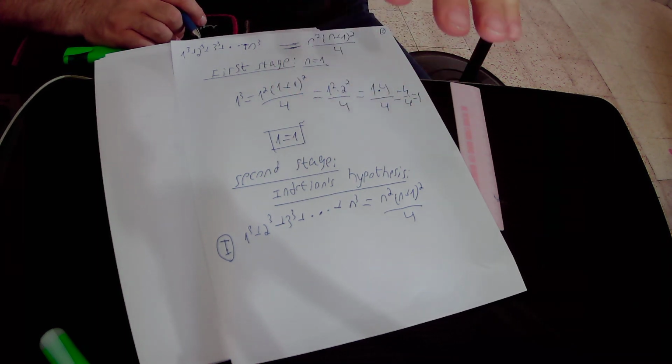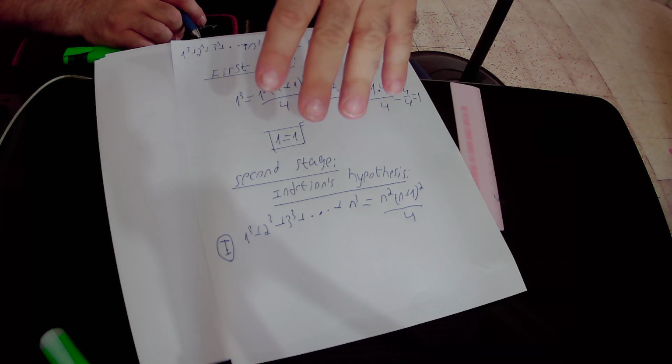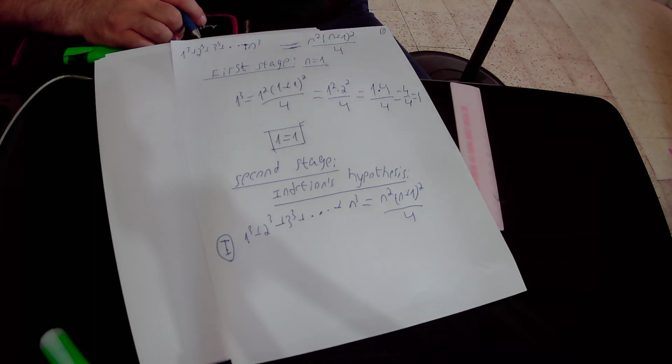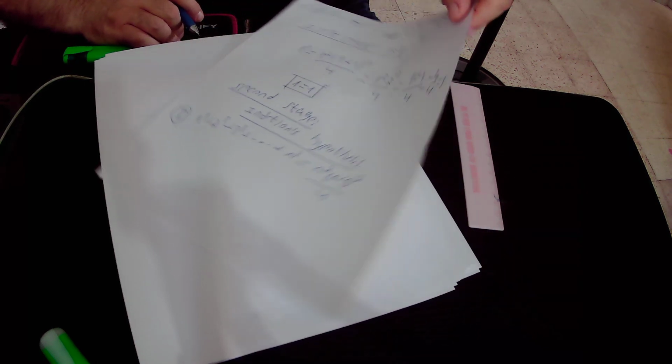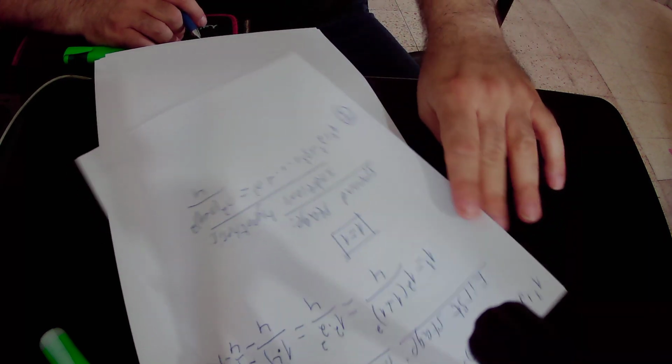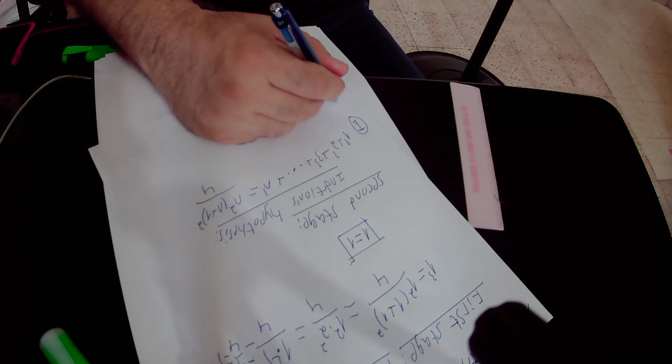So this is the induction hypothesis, so induction assumption, and as we rely on this assumption we will prove that this statement is true for n plus 1. That is to say, now we will create the second expression for n plus 1.